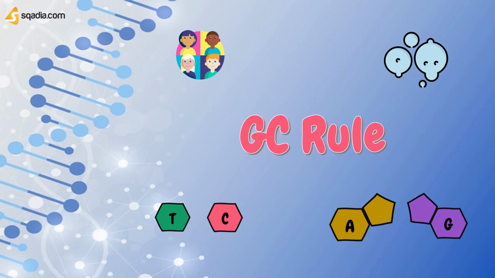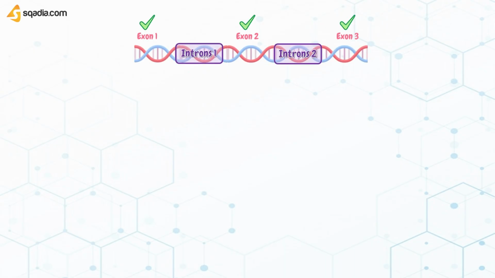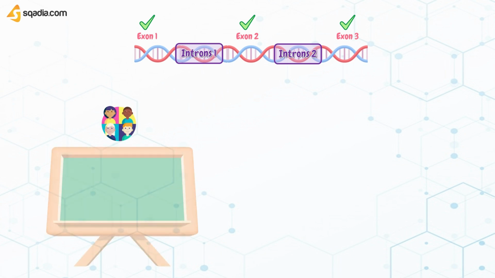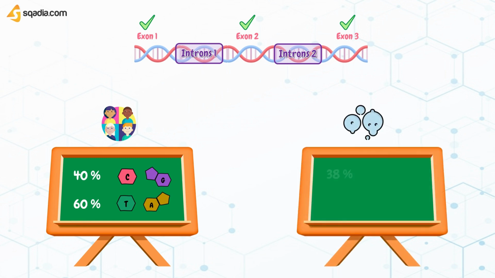The guanine-cytosine content tends to be greater in exons than in introns. For example, the human genome has 40% of cytosine and guanine and 60% of thymine and adenine. But the yeast genome consists of 38% of cytosine and guanine, and 62% of thymine and adenine.